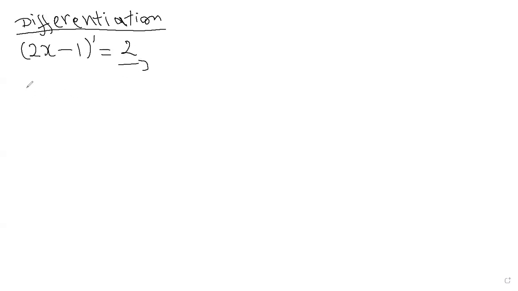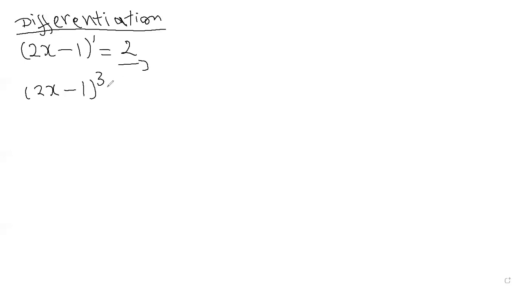Now, in a case where we have (2x minus 1) with an exponent of 3, for example, this is now another thing. In another method from high school, we can expand this by opening 3 brackets.